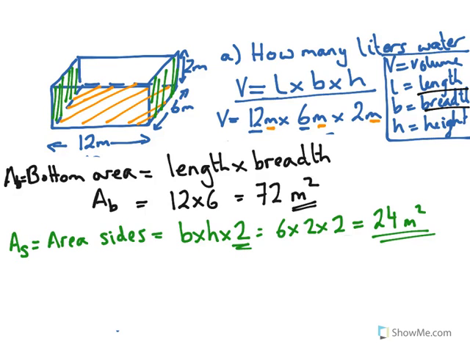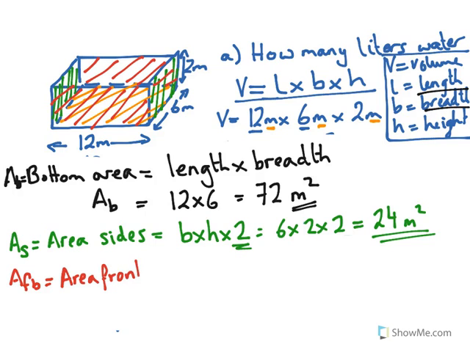Now we have the front and the back sides of the pool. So we now have to think about tiling the front here and the back side here. So the area, front and back, and the formula for that will be the length multiplied by the height multiplied by 2, because we have the front and the back.